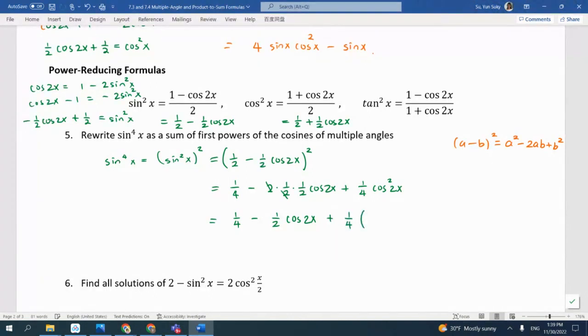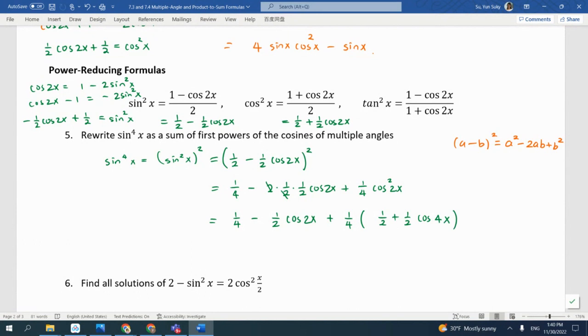You see? We have the cosine 2x squared. Well, here we're going to use this formula. But we reduce the power, we double the angle. So if the angle was 2x, now the new angle will be 4x. So this is 1/2 plus 1/2 cosine 4x.